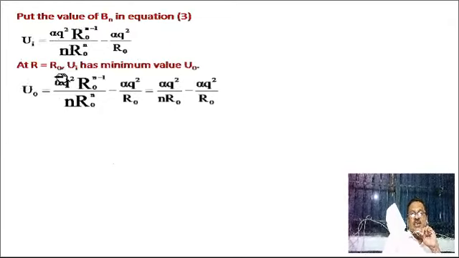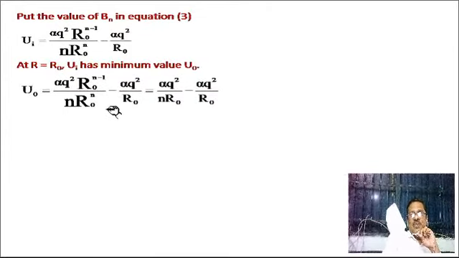At equilibrium separation, we know the energy is minimum and it is represented by U0. So U0 will be alpha q square r0 to the power n minus 1 divided by n r0 to the power n minus alpha q square upon r0. Now take this r0 to the power n minus 1 in the denominator here.